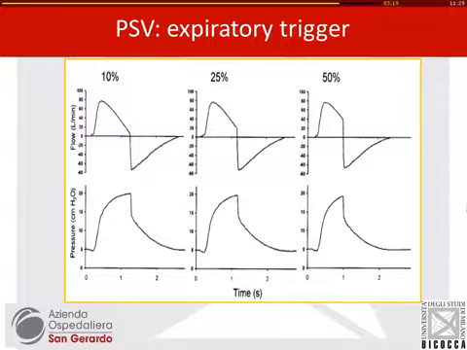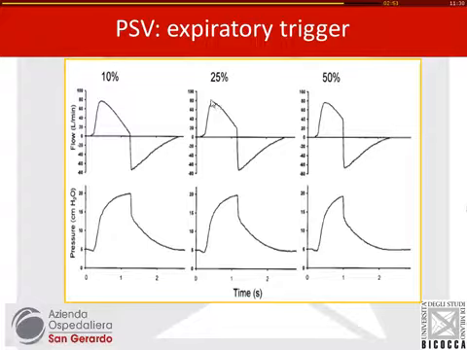How does the ventilator during pressure support decide that the inspiration has finished? You don't set an inspiratory time. The criterion is based on the flow shape and the drop of the flow.